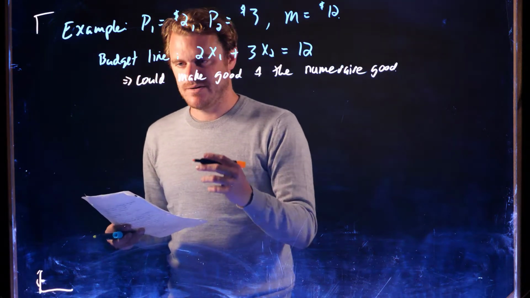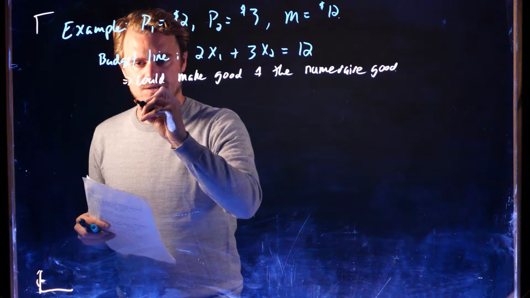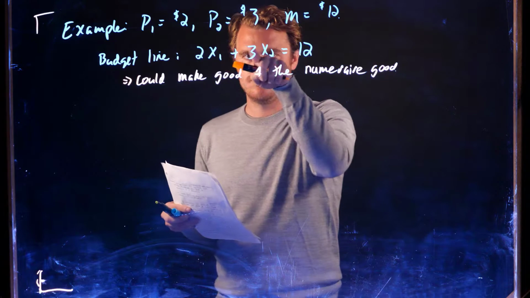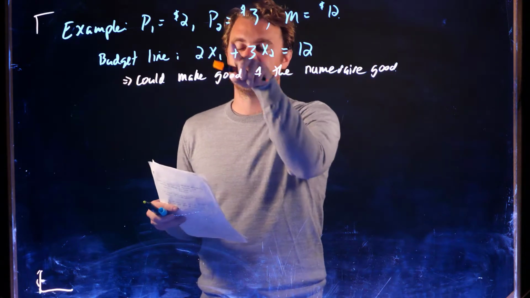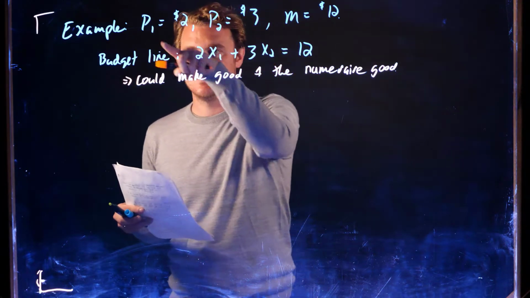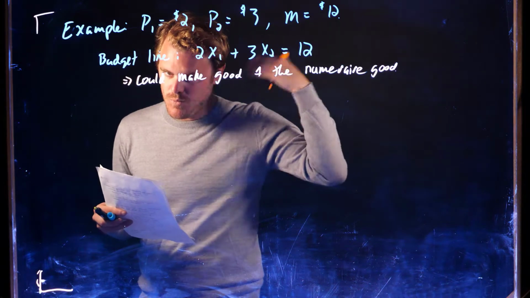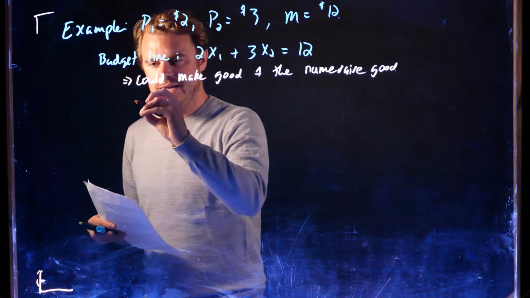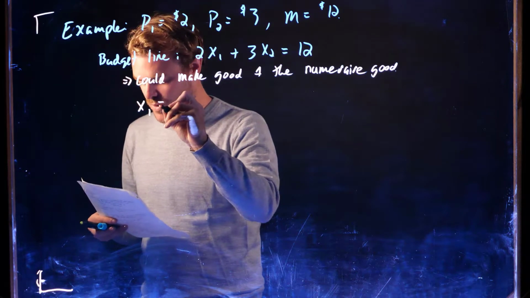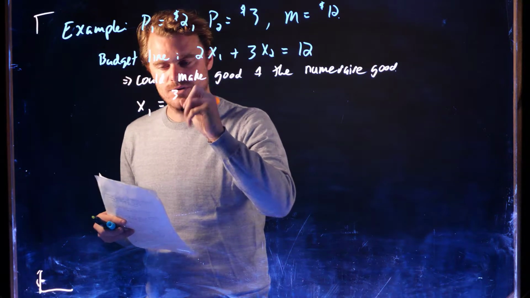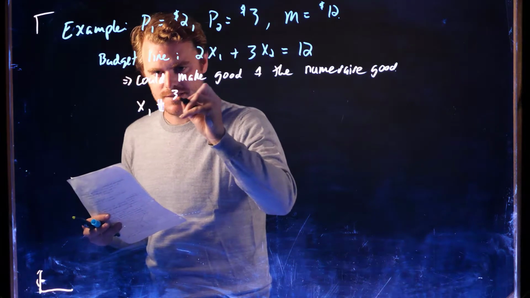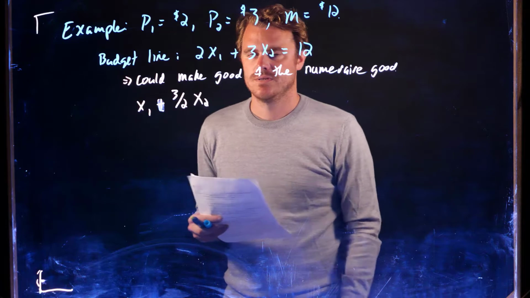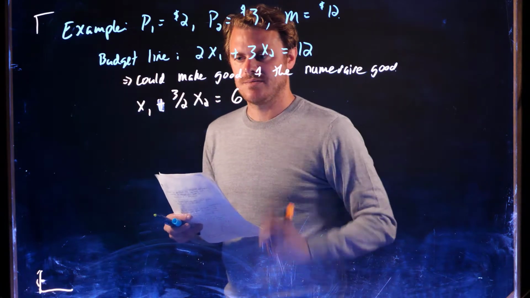So what does that mean? That means if we transform this, we're just dividing everything in this equation by 2. We're defining P1 equals 1 and now expressing everything in relative terms of that 1. And so now we'd get x1 plus 3 over 2 x2 equals 6.